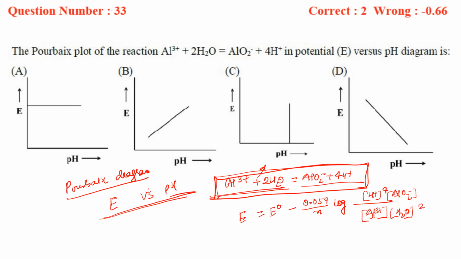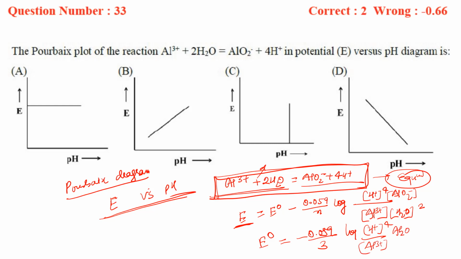This will be the equation. And since this is at equilibrium, E will be what? 0. So here E naught equals minus 0.059 by n, n is how much? It is 3, log of H+ to the power 4, over the Al3+ concentration and the AlO2- concentration, and H2O we can take as 1.